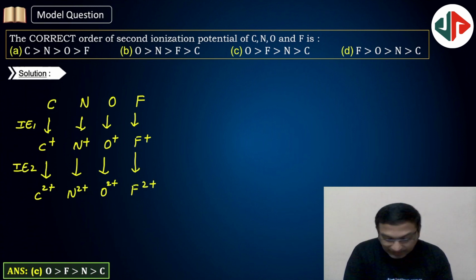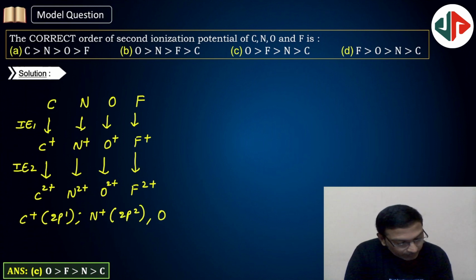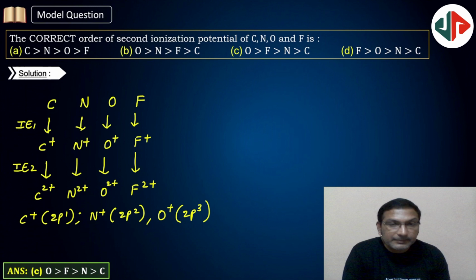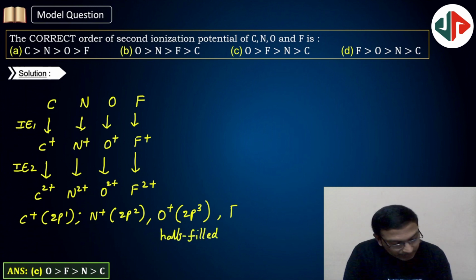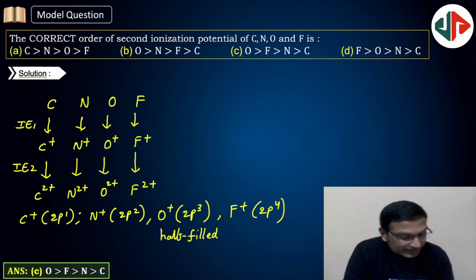So the C plus configuration is 2p1, N plus configuration 2p2, O plus configuration 2p3, which is half filled configuration, F plus configuration 2p4. So out of the 4 positive ions, O plus will have the highest ionization due to half filled configuration.